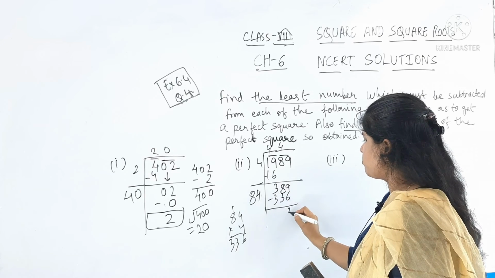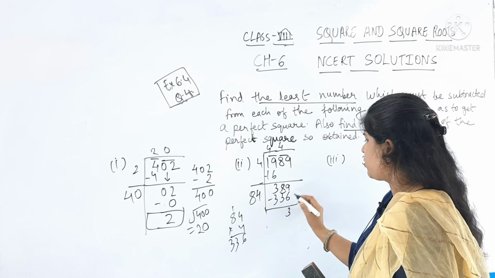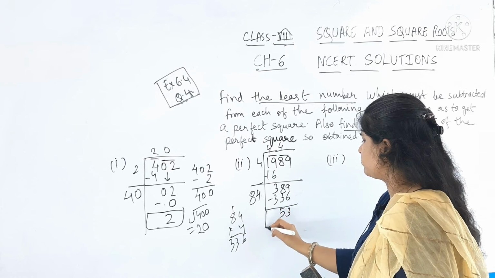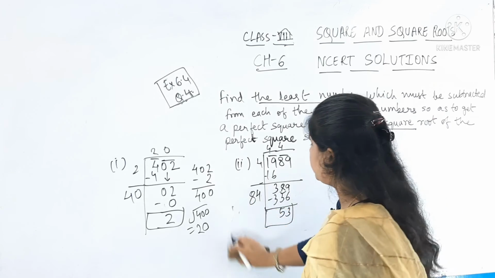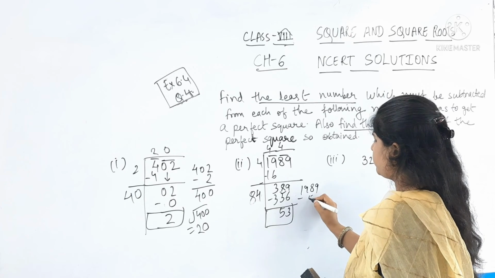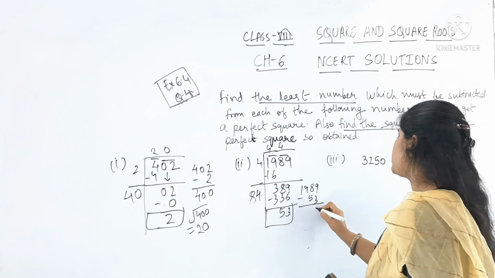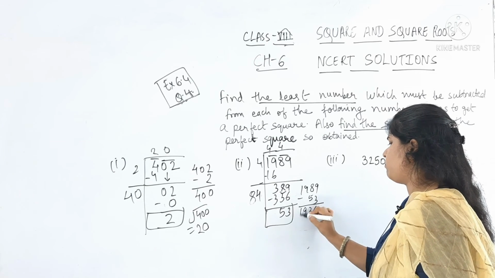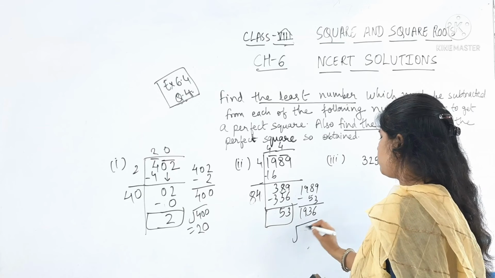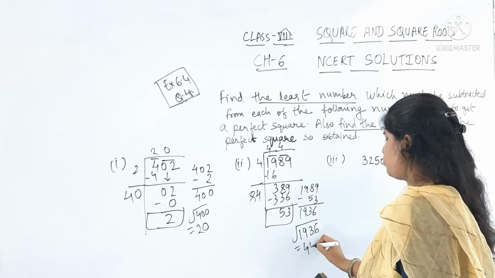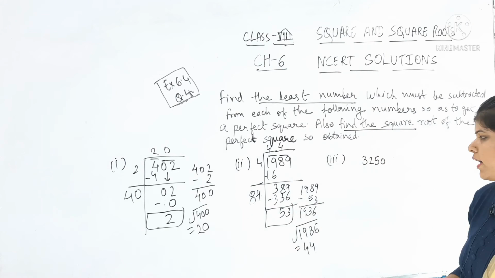Nine minus 6 is 3 and I am getting here 53. Okay, 53 as the remainder. So 1989 minus 53. So 9 minus 3 is 6, 8 minus 5 is 3, 1936. So under root of 1936 is equal to 44. This is the right answer.